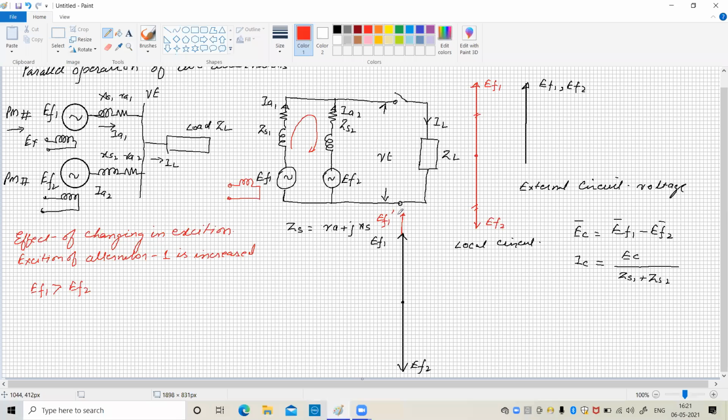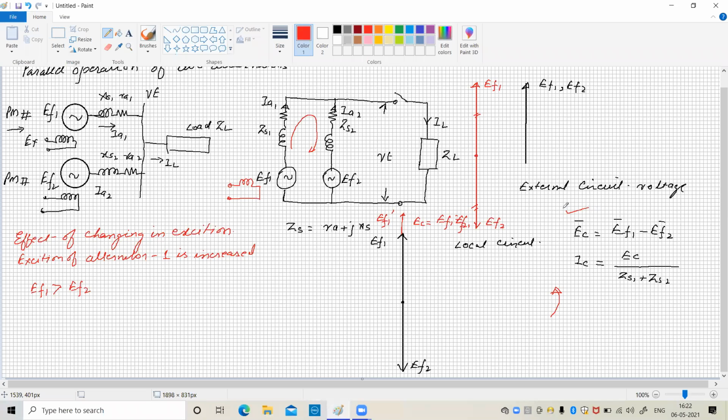Under such a condition, it will circulate a current which is lagging by 90 degrees. Where will it be lagging? Always in the anti-clockwise direction. So this increase in voltage is equal to EC, which is EF1 minus EF2. This is the change in the excitation voltage of the generator.